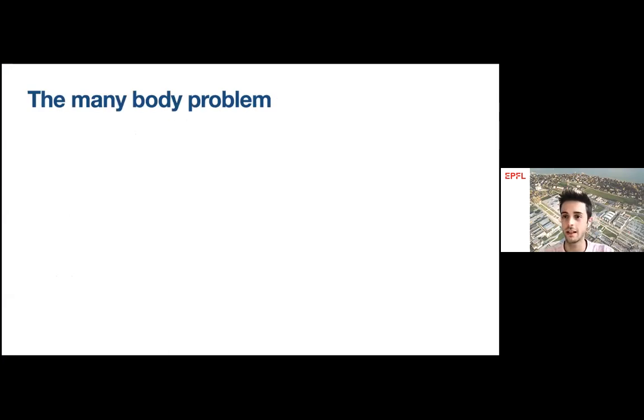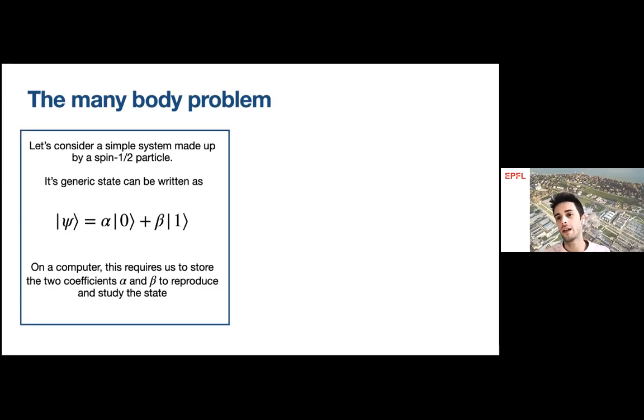So basically, why do we want to study many-body systems on a quantum computer? This is related to the quantum many-body problem. And what is it? We know that we can use quantum physics to study basically everything. But let's consider a very simple system, a spin 1/2 particle.